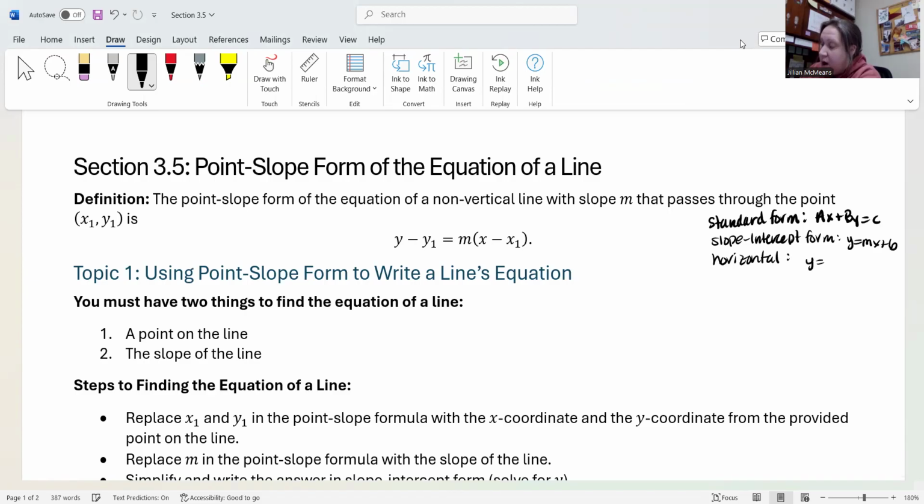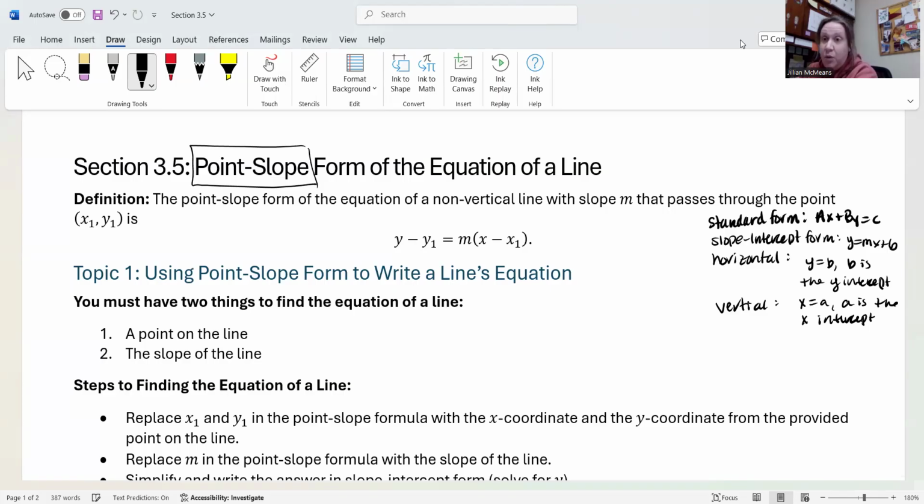Those are of the form y equals b, where b is the y-intercept. And then we also talked about vertical lines, which are of the form x equals a, where a is the x-intercept.